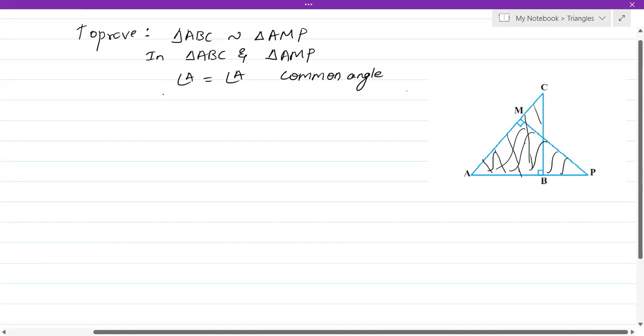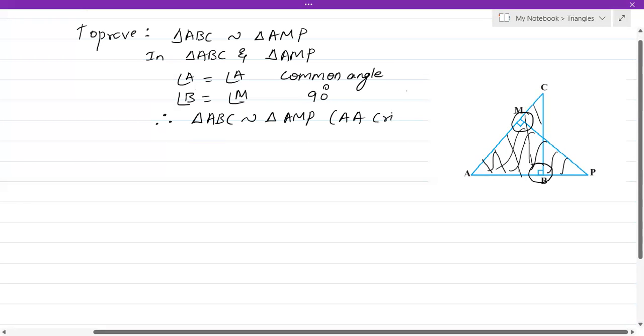Now, if you observe properly, in triangle ABC, angle B is 90 degrees, and in triangle AMP, angle M is 90 degrees. So angle B is equal to angle M, both are 90 degrees. Therefore, triangle ABC is similar to triangle AMP using AA criteria.